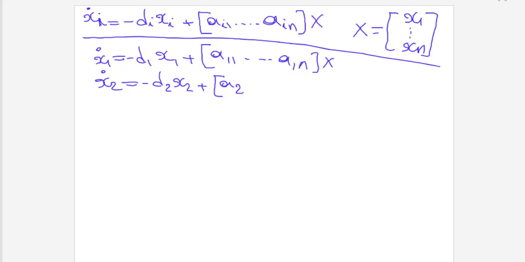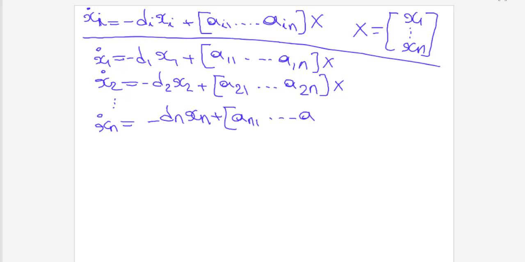We apply, for example, 1, 2, 3, 4, 5 till n for i. xn dot equal to minus dn xn plus an1 through ann multiplied by x.